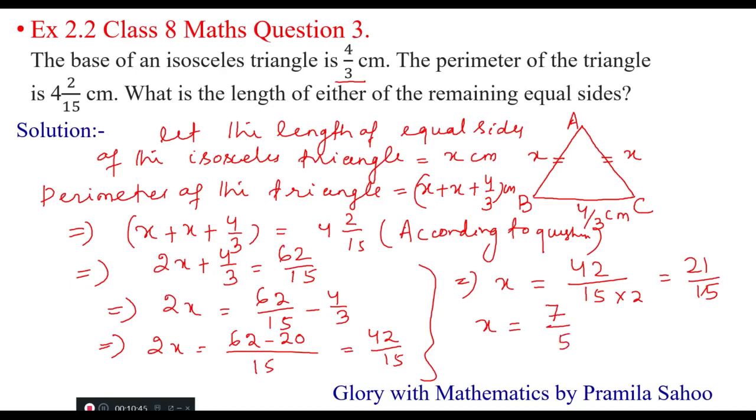So we got the length of either of the remaining equal sides as 7 by 5 centimeter. Let us check it. This is our isosceles triangle. This side is 7 by 5, this is 7 by 5, and the third side or base is given as 4 by 3 centimeter.